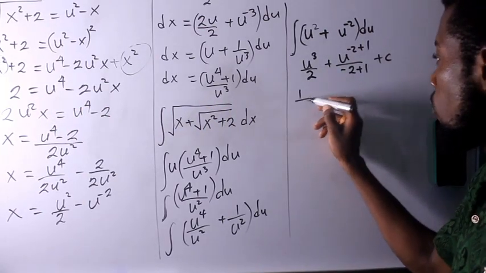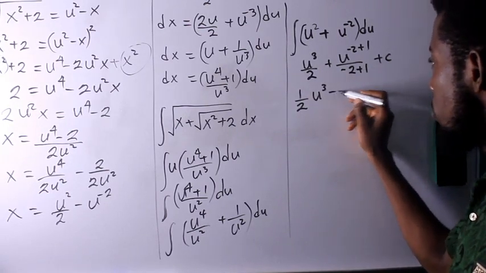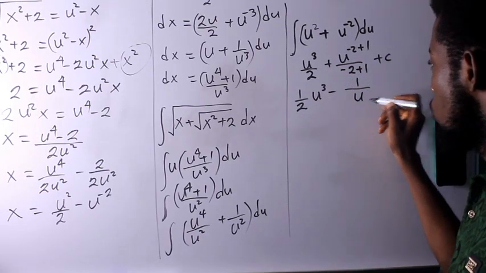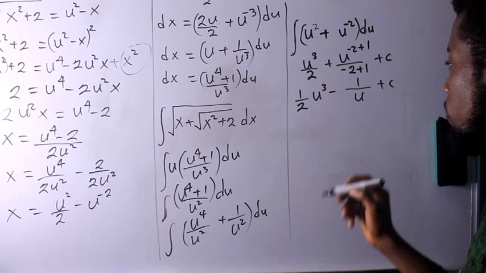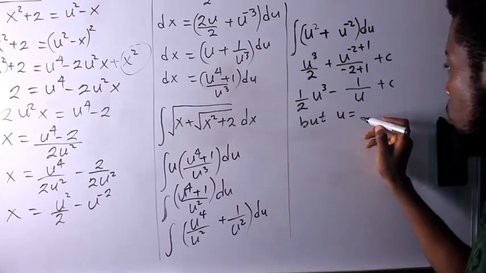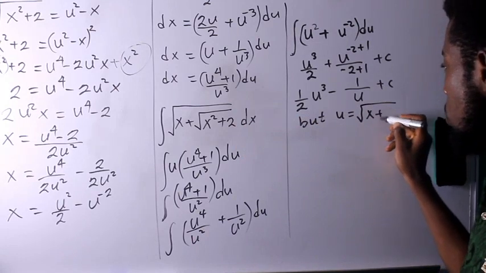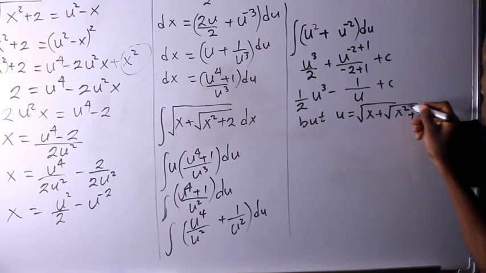So this is 1 over 2 u cubed. This is negative, so it's minus 1 over u plus c. Because the power is negative 1, it goes down, it becomes positive. But we know our u to be the square root of x plus the square root of s squared plus 2.